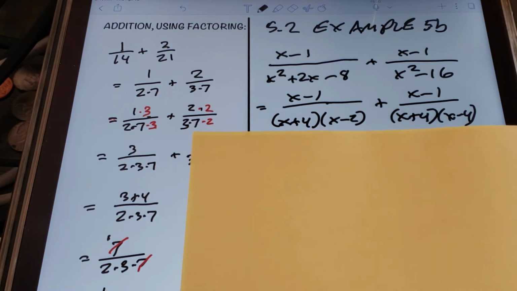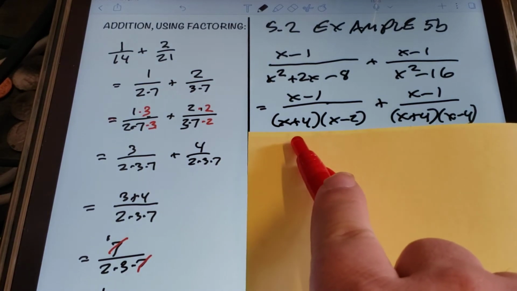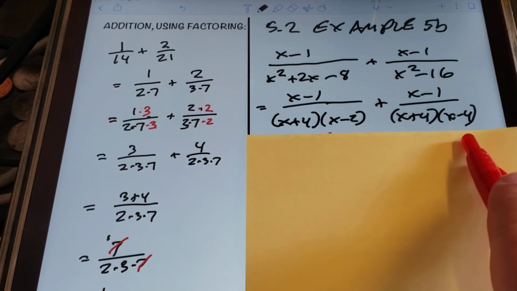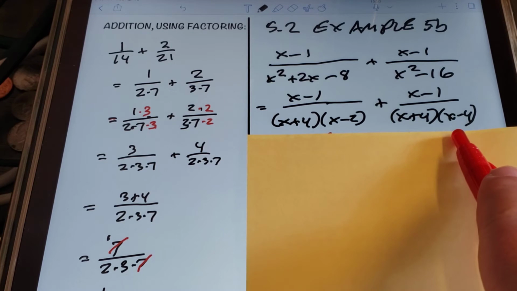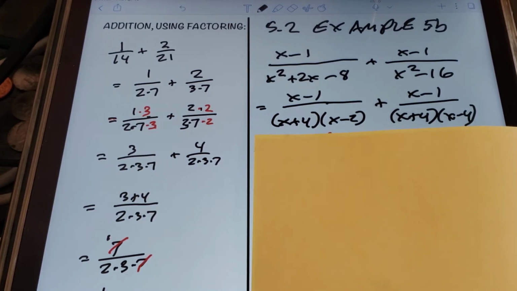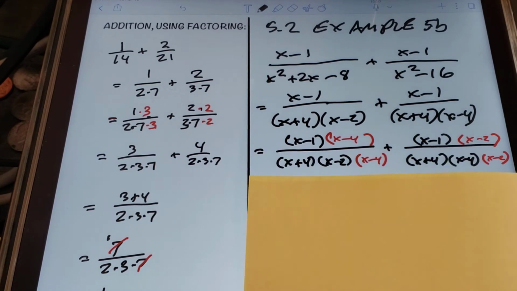Once you factor the denominators, they get jealous. Why is x plus 4, x minus 2 jealous of this expression here? Doesn't have an x minus 4. Why is this one jealous of its neighbor? Doesn't have an x plus 2. Goes out and gets them. So we go out and get the thing that's missing, like a genuine jealous neighbor.